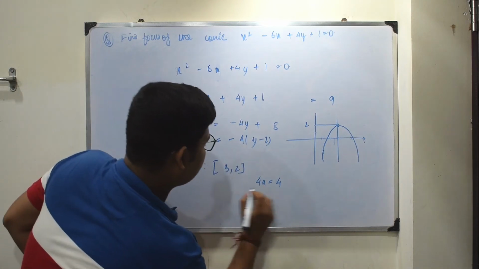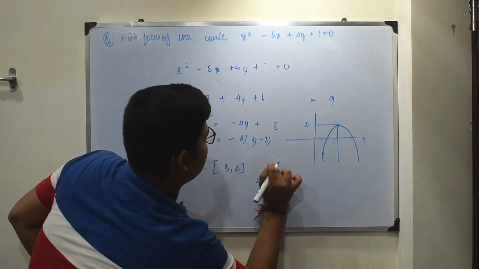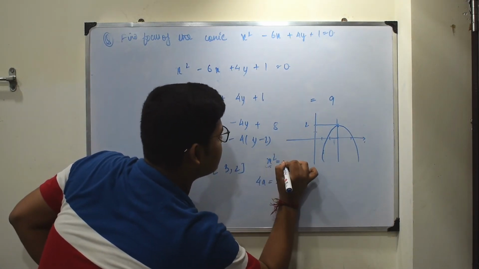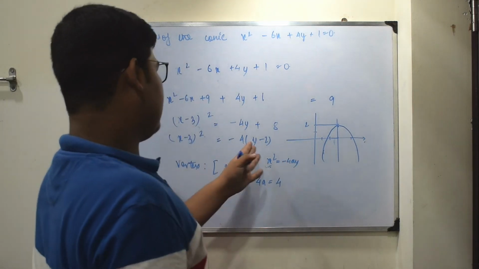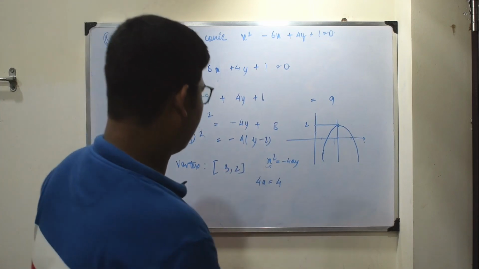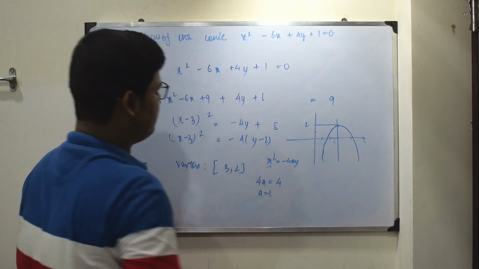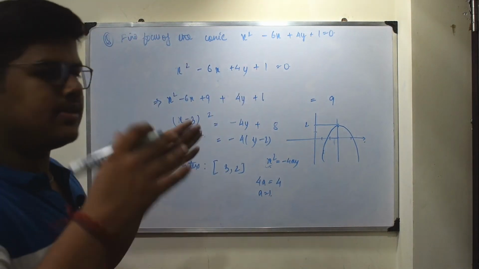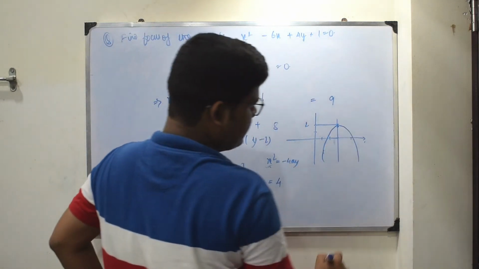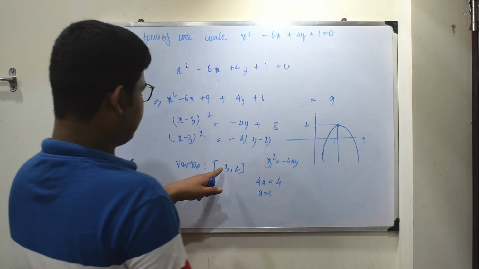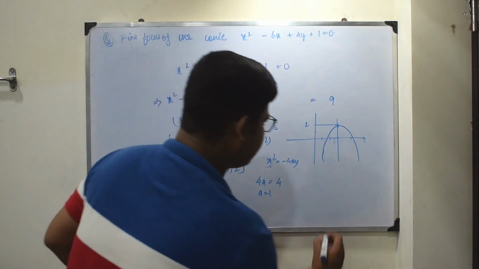Comparing with x square equals minus 4ay, we are getting 4a as 4 or a as 1, and we know the distance between vertex and focus is just a. So the focus will be on this line itself, so no change in x coordinate or the abscissa.